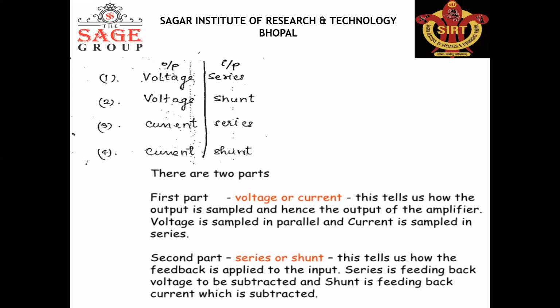And the second part says series or shunt. This tells how the feedback is applied to the input, that is, how the feedback signal is mixed with the input signal. In series feedback, voltage is subtracted, and in shunt feedback, current is subtracted.